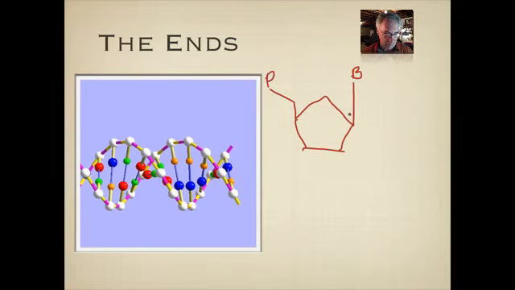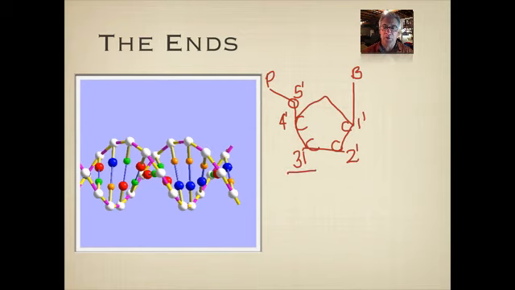And then on this base end over here, you're going to have 1', 2', 3', 4', and then right here is 5'. This denotes the location of all the carbons. This is a really carbon-heavy molecule, and this is called the 5', and this is called the 3'.